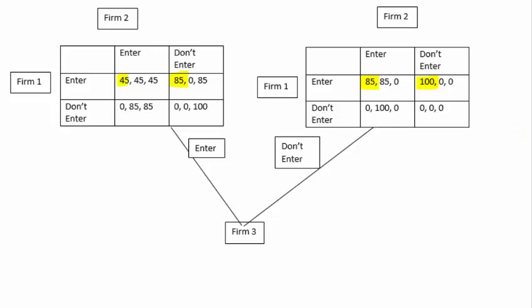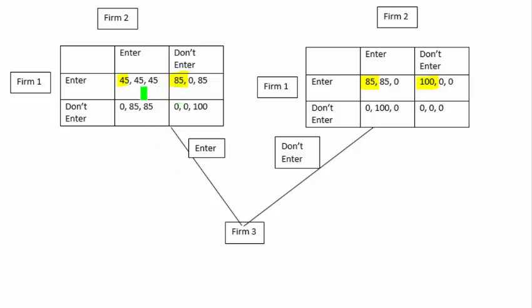So now if we were to move on to firm 2's decisions, and we would use green to represent firm 2's decision, we would then look at things a little bit differently. So we would compare the second number, left to right, between each row.